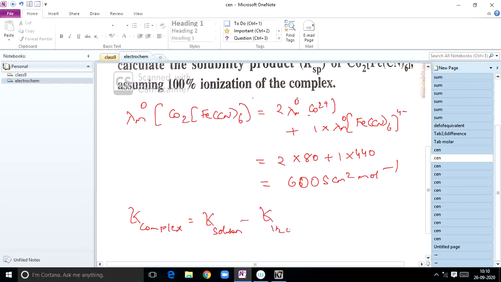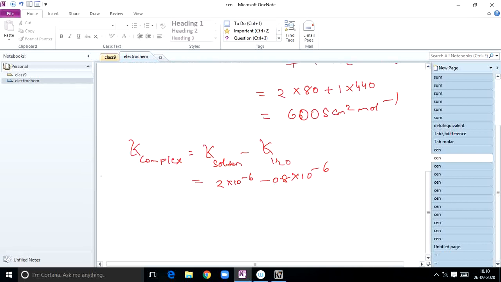Kappa of solution is given as 2 into 10 power minus 6, minus 0.8 into 10 power minus 6. You convert 8 into 10 power minus 7 and write it as 0.8 into 10 power minus 6, which is the conductivity of that water. If you solve this you will get 1.2 into 10 power minus 6 Siemens centimeter inverse. Kappa of complex I got.